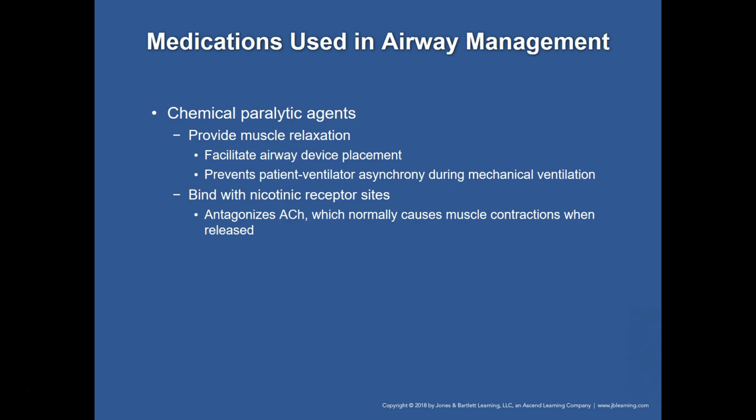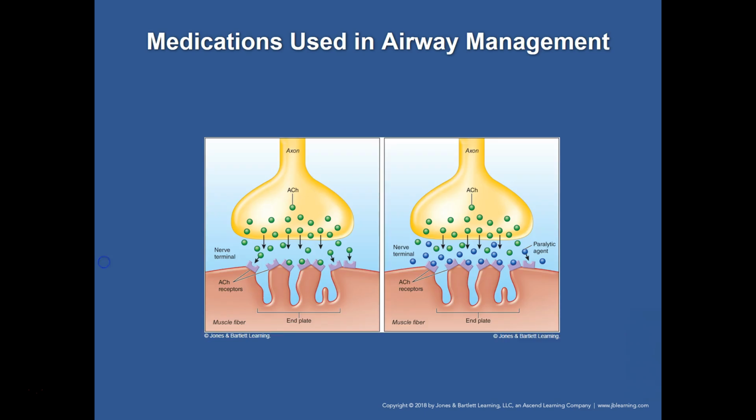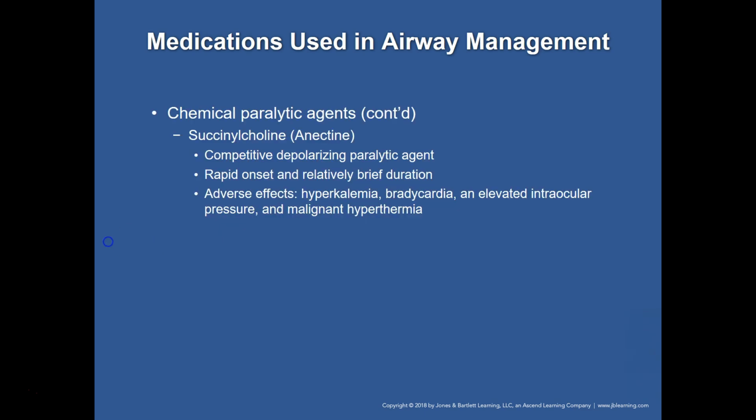So this actually works on the somatic side of things, as opposed to the central nervous system side. It works with the nicotinic receptors on the muscles to block the effects of acetylcholine, so muscle contractions can't happen. And we see an example of that here, where these acetylcholine receptors are taken up with this paralytic agent that doesn't allow those muscles to contract.